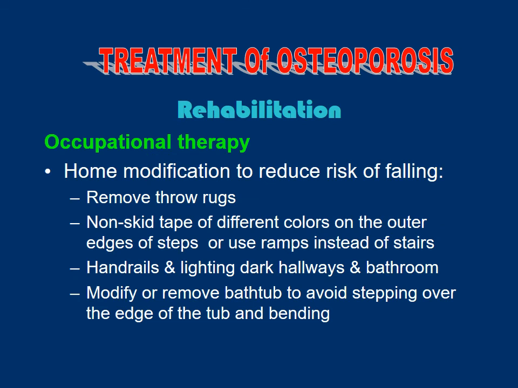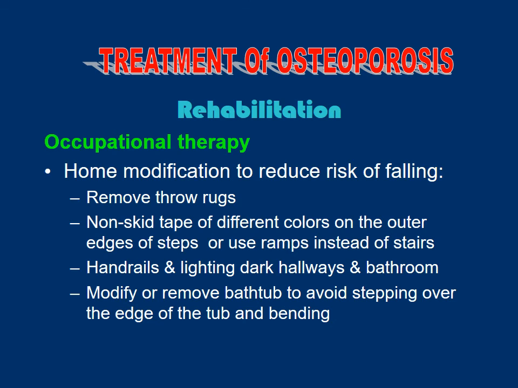Finally, we have occupational therapy. Occupational therapy means that we do home modification to reduce the risk of falling. We rearrange the materials and utensils inside the home to make a healthy environment around the patient and prevent falling. Like what?